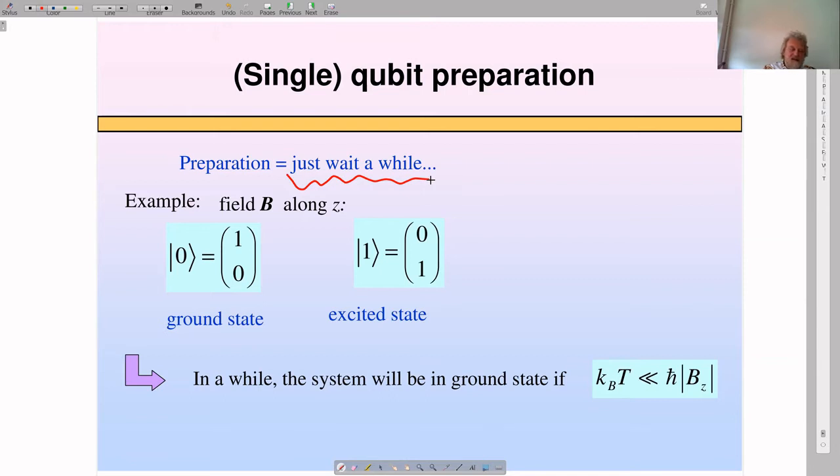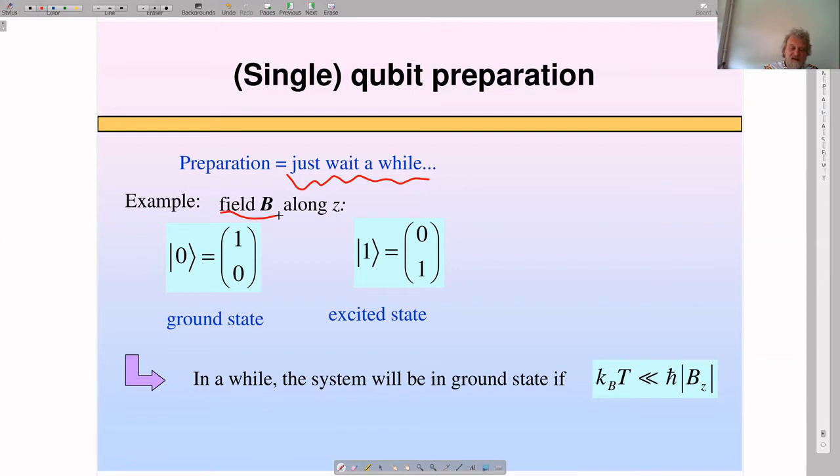If, for instance, we have a field B along that axis, that makes these two basic states different in energy. And if the temperature is sufficiently low, compared to the energy difference between these states, the system will go to the ground state.